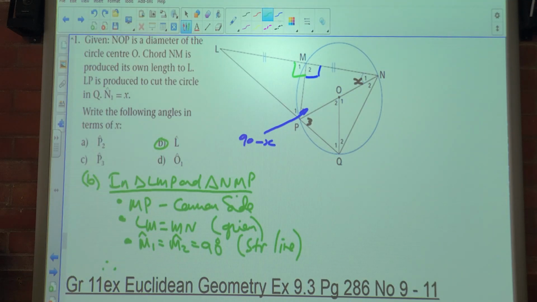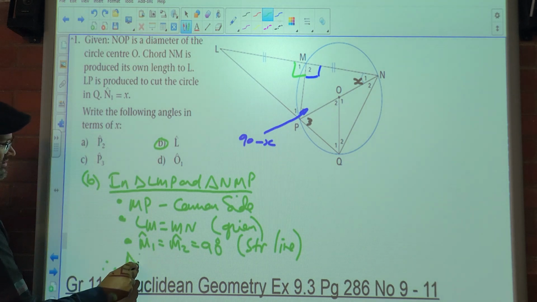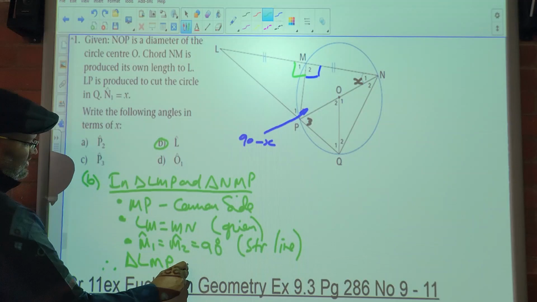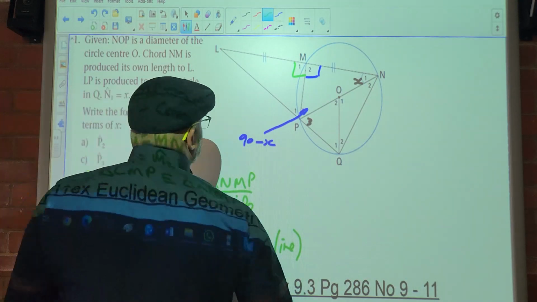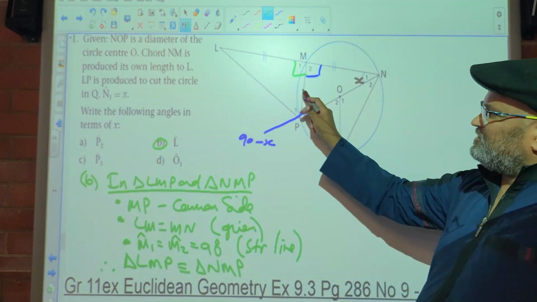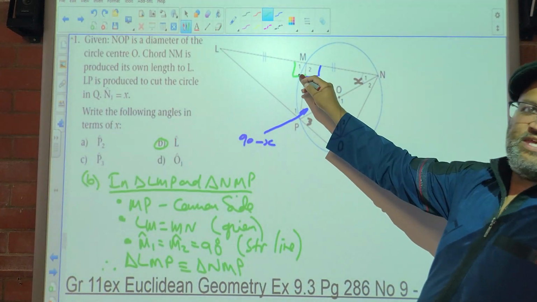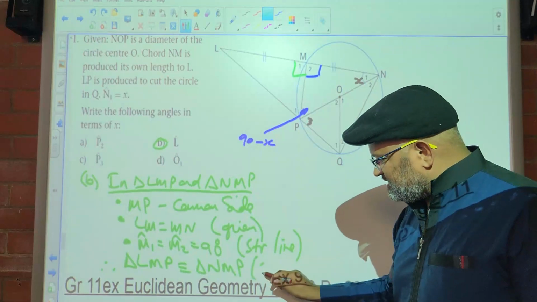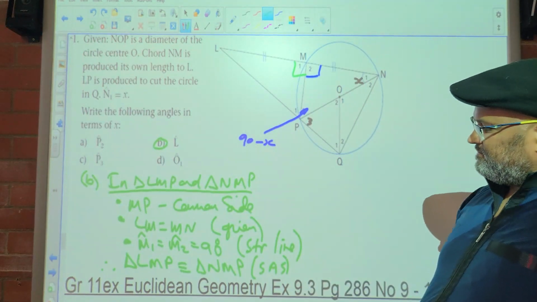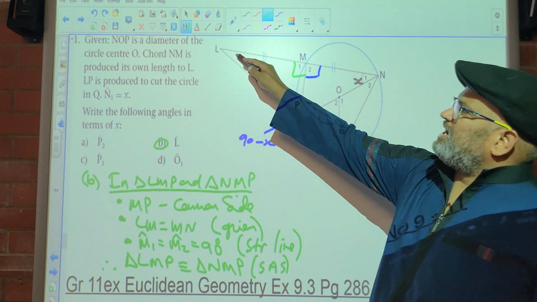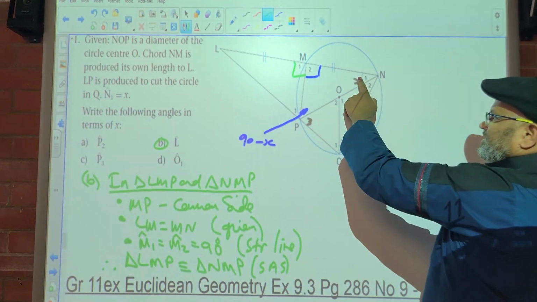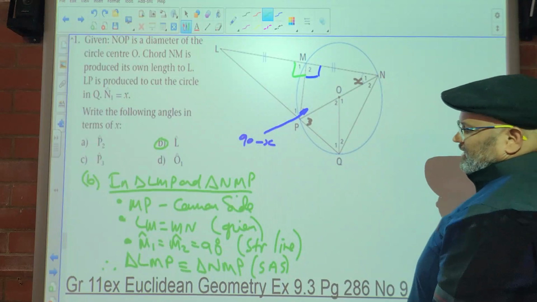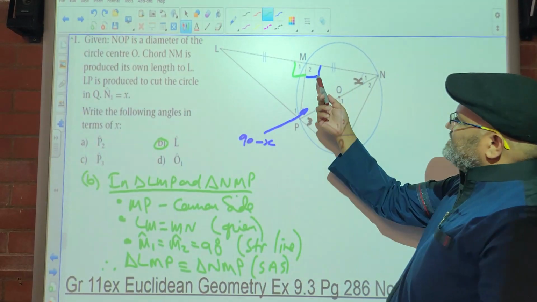Cool. So you can conclude therefore triangle LMP is congruent to triangle NMP. Why? Side, angle, side. Can you see? We used two sides, it must be the included angle. So it's going to be side, angle, side. So if these two triangles are congruent, that means angle L is equal to angle N1, which is equal to x. We know that angle M1 is equal to M2.